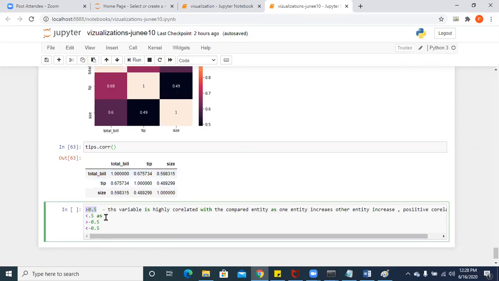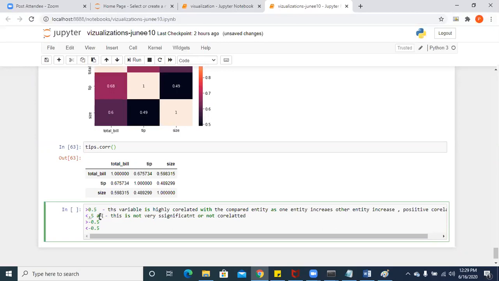Now if the value is less than 0.5, this is not very significant for predicting, or not very correlated.